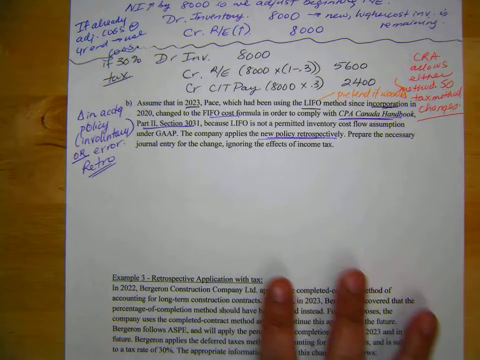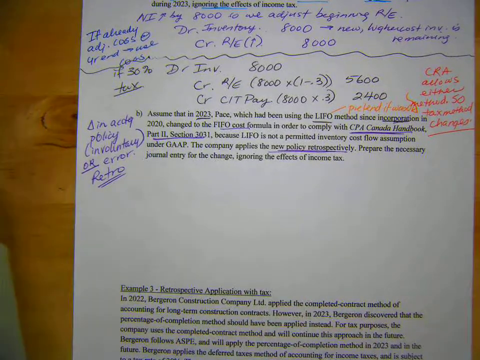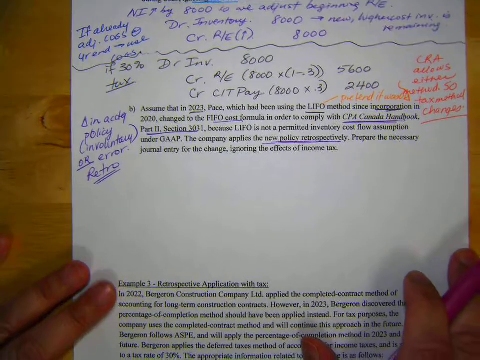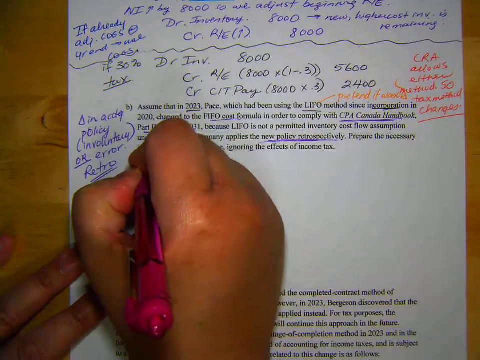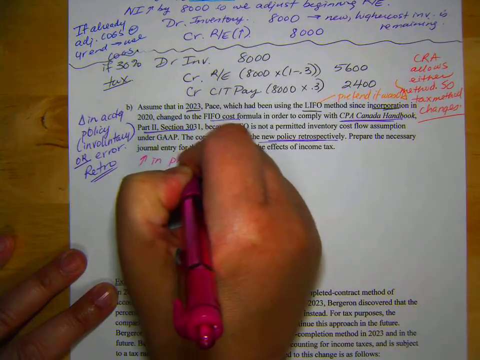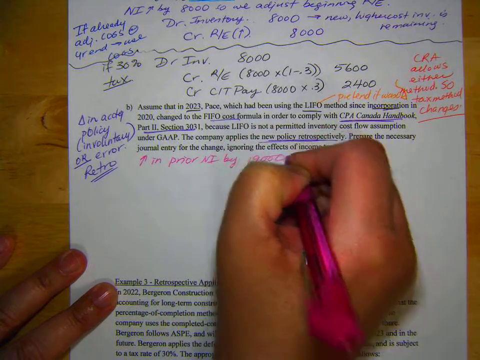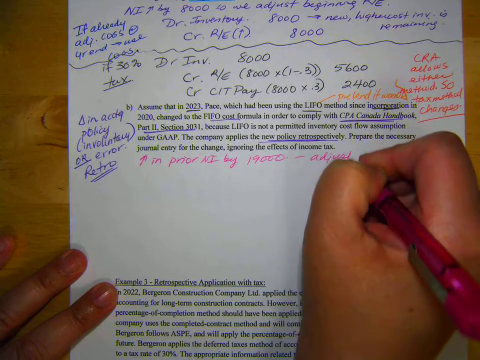So back on page 6, we need to record. So we need to be retrospective, increase in prior net income by 19,000. So we adjust retained earnings.